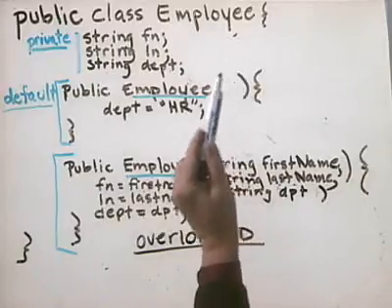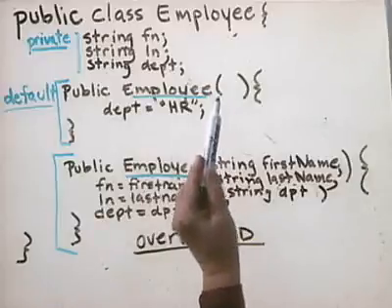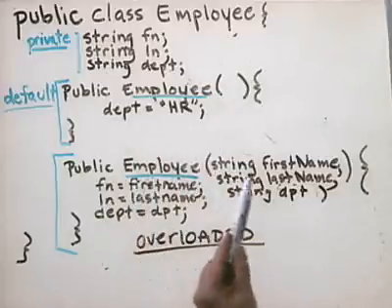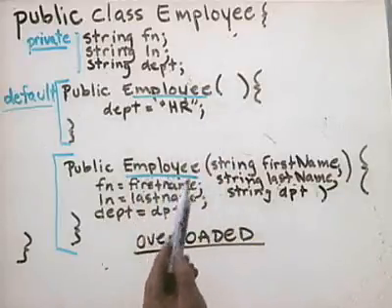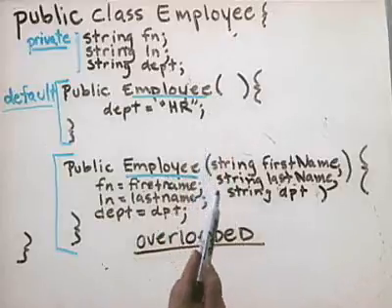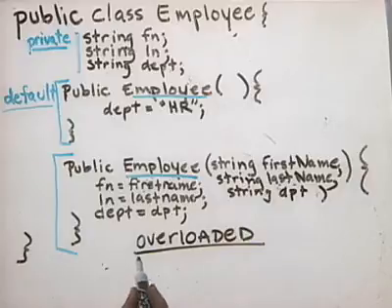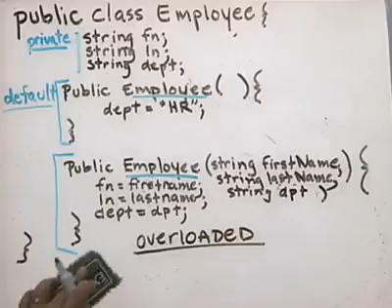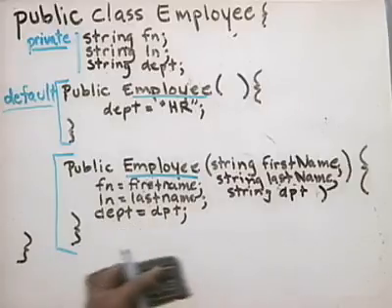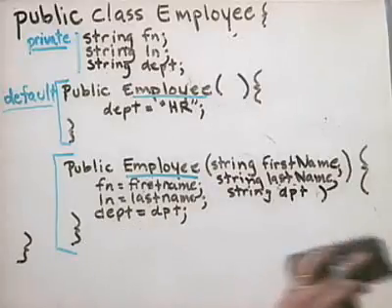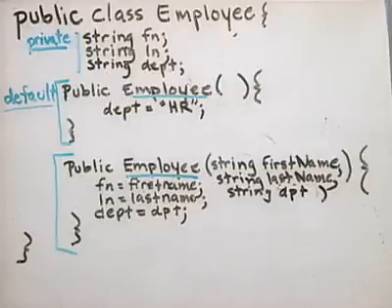So this signature is different than this signature: this has no arguments, this has three arguments. Overloading constructors is a very common example of method overloading, and that's what I've done here. It presents the object with different ways of initializing its values.